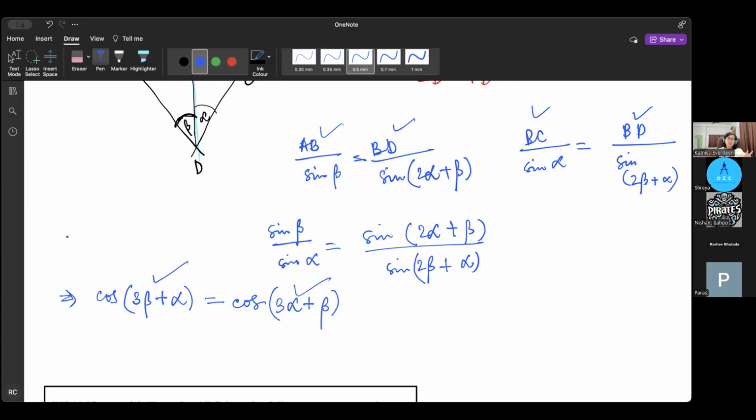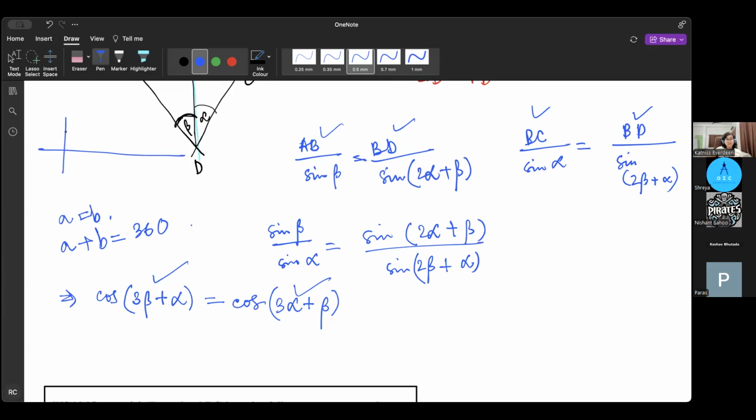There are two conditions. The first one is A equal to B, and the second one is that A plus B is 360. You can get this from the graph of cos. What is the graph of cos like?